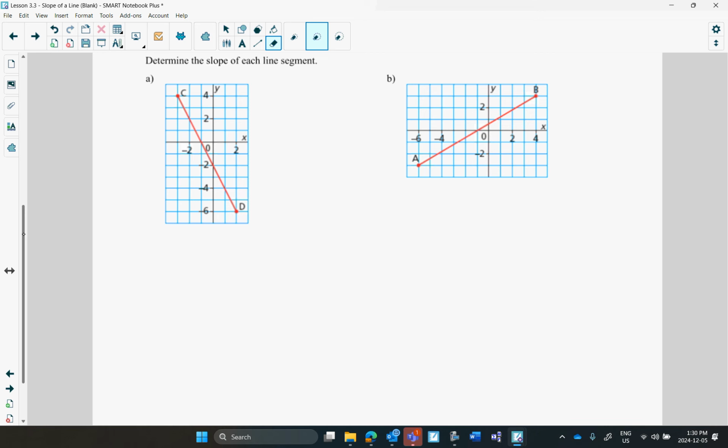It would be -10. And then I'm going to the right 5, so -10 over 5. Got the right numbers. Which simplifies straight to -2. If you went the other way, from D to C, you would have got +10 over -5. Still -2.